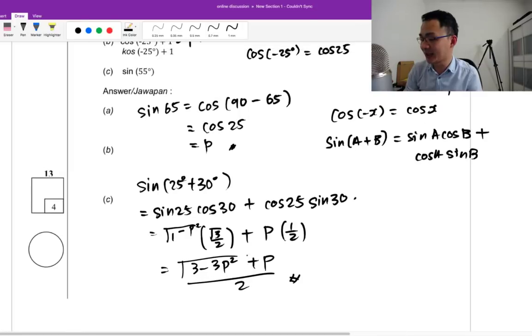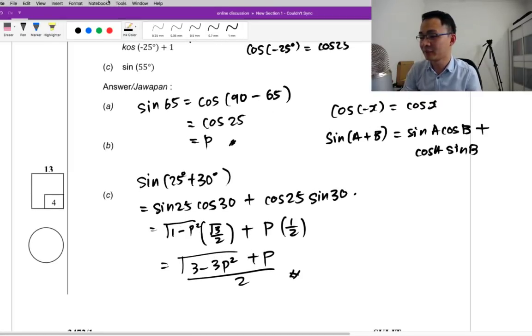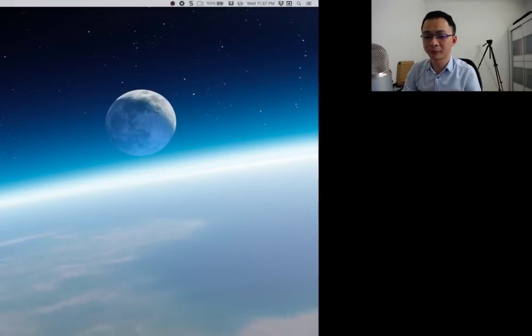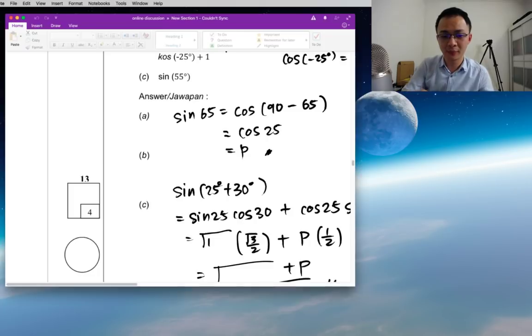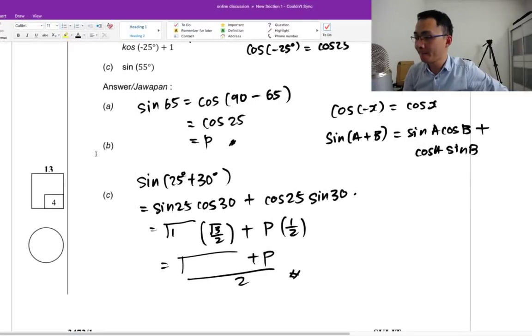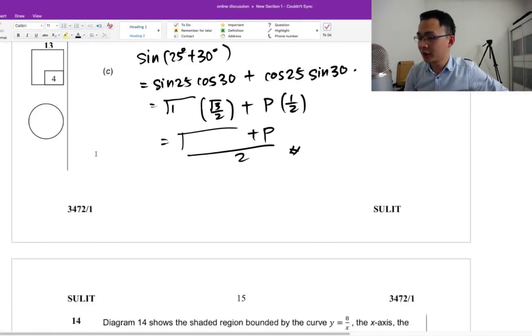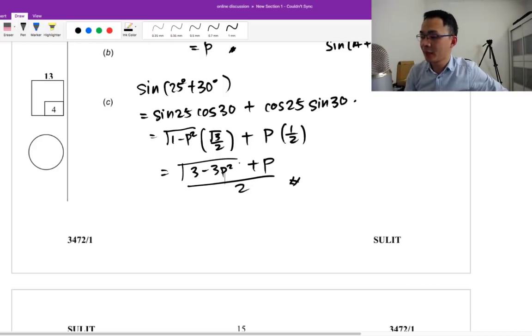And you realize it's actually hanging already, so let me just close it and open it again. Okay, so this is 1 minus P squared, so this is 3 minus 3P squared.